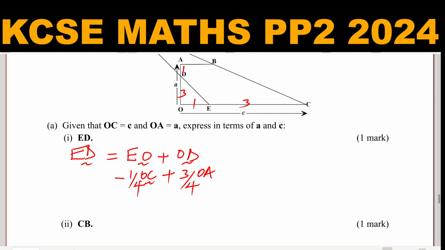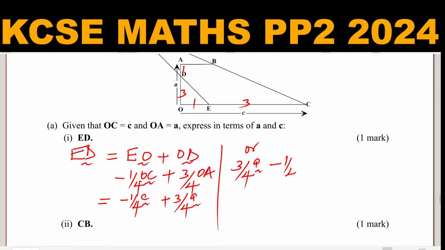So this simplifies to -1/4 OC, that is -1/4 C, plus 3/4 OA, and OA is A. So you can write it like that, or you can leave it like this: 3/4 A minus 1/4 C.